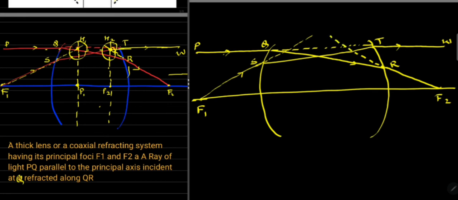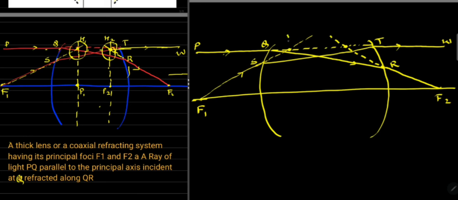Okay. Now what will happen here, this ray and this incident ray cut each other, and here also this refracted ray cuts at one point.